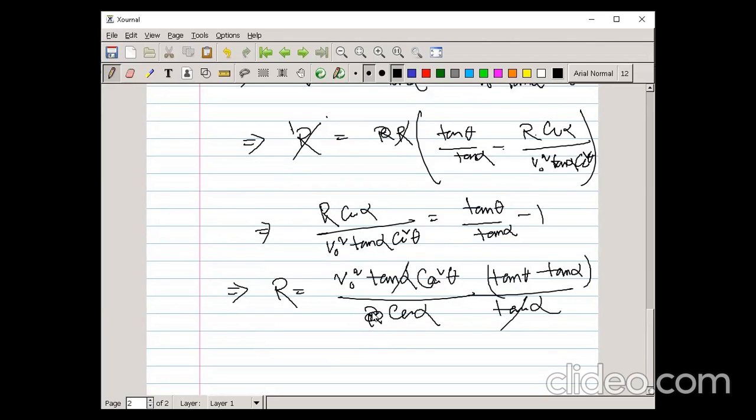This tan alpha is deducted. Okay, so we will finally get V0 square cos square alpha divided by cos square theta divided by cos alpha tan theta minus tan alpha is equal to R.